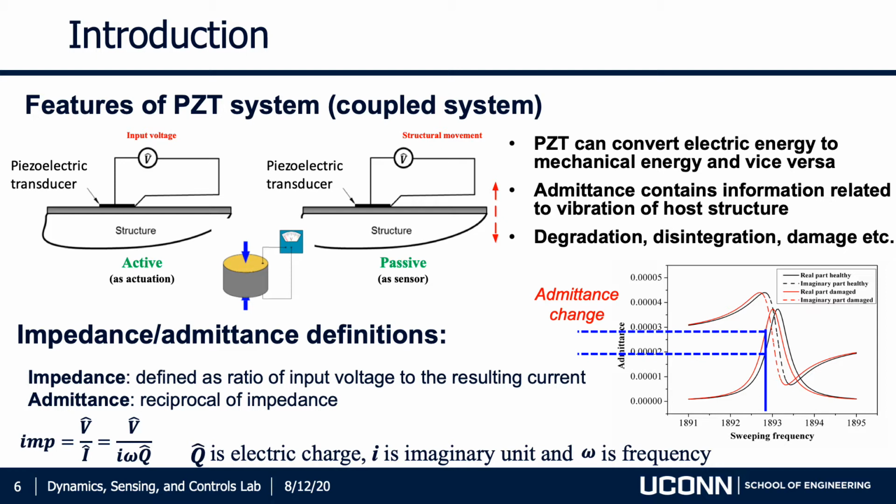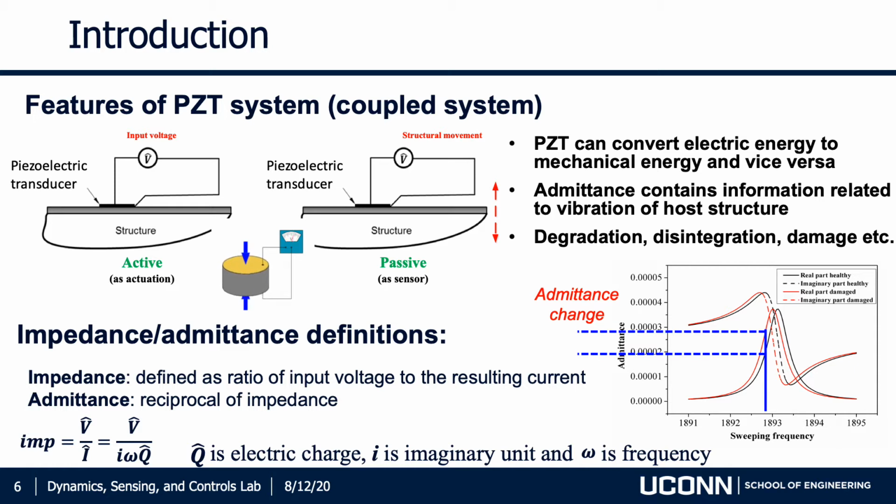And in the PZT system, the impedance is defined as the ratio of input voltage to the resulting current, and admittance is the reciprocal of impedance. And when we get the admittance, it contains information related to vibration of the host structure.